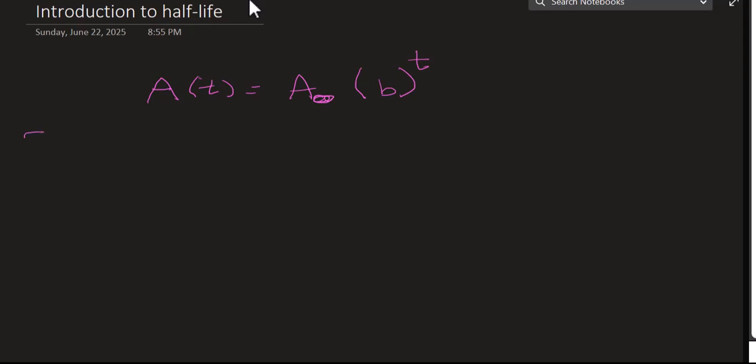So for example, a population triples every hour. Let's make it be a population of bacteria.